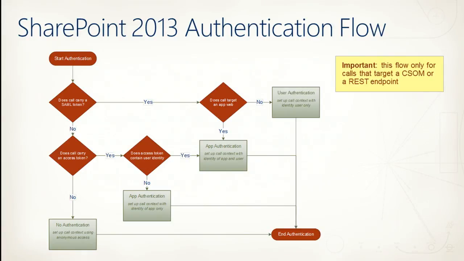And it looks inside the access token to say, is there also user identity? And if there is, it sets up the call context with both app and user identity. And as a developer, if you've created an app-only access token, SharePoint will then set up the call with app-only identity, which allows you to do elevation above the privileges of the current user.